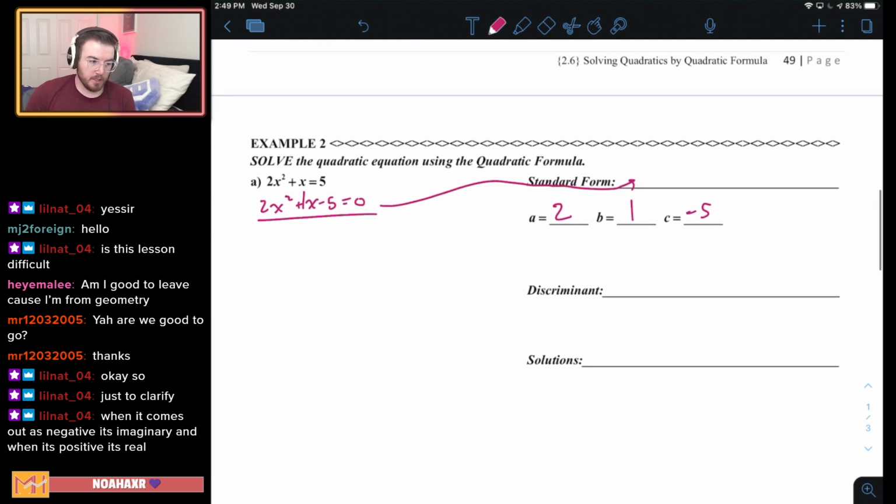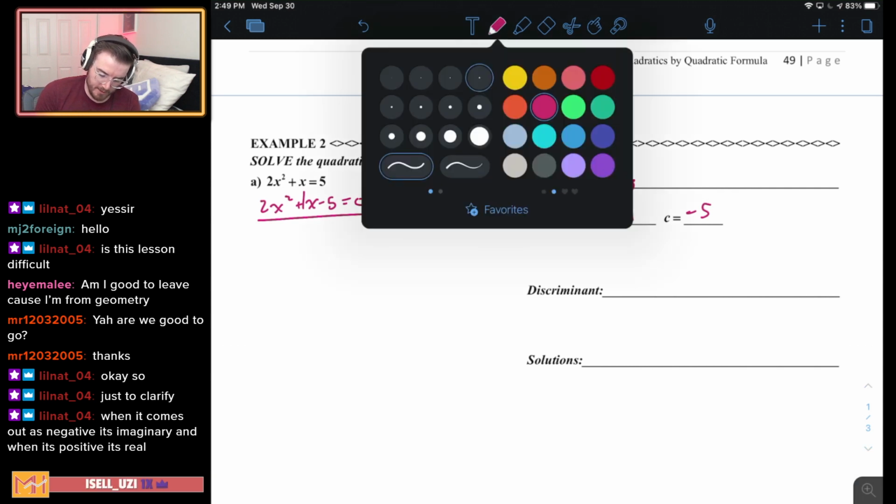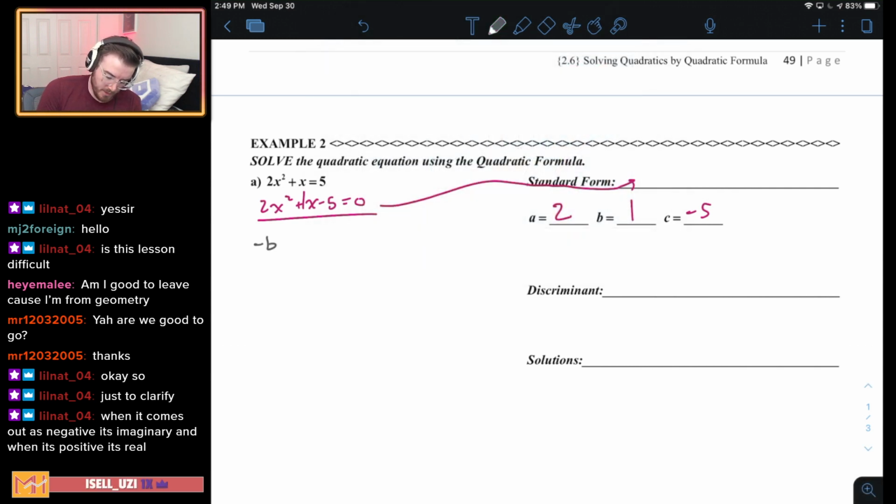So when I go to plug it into the equation, I get, and let me write that down again because it's on the other page now, -b plus or minus the square root of b squared minus 4ac all over 2a.